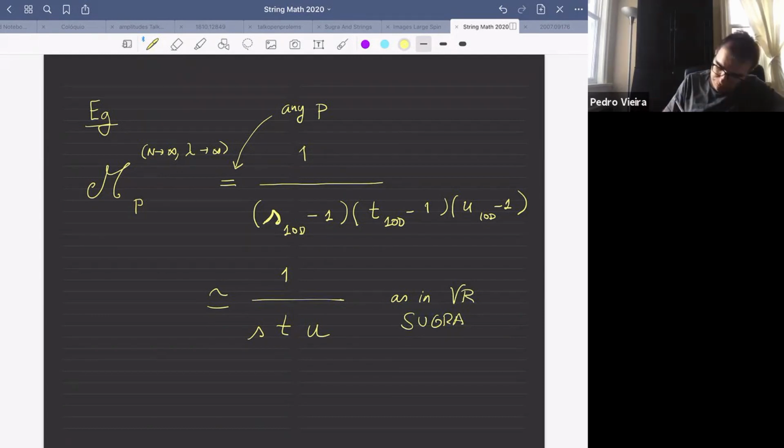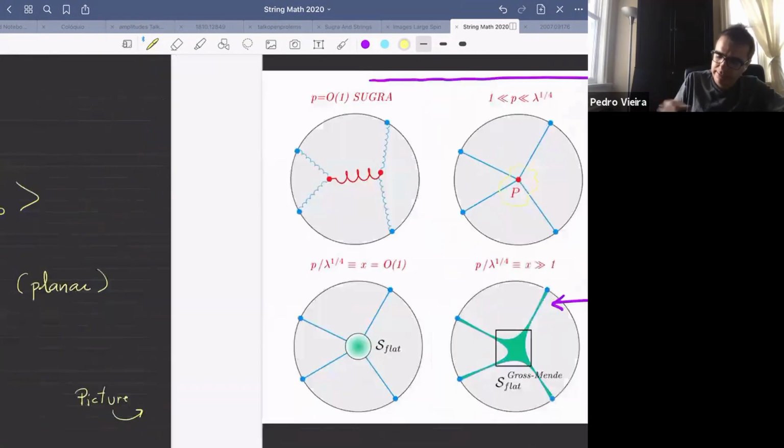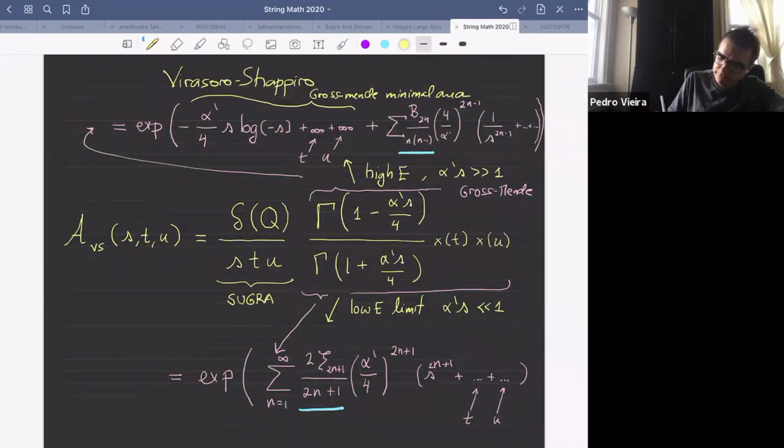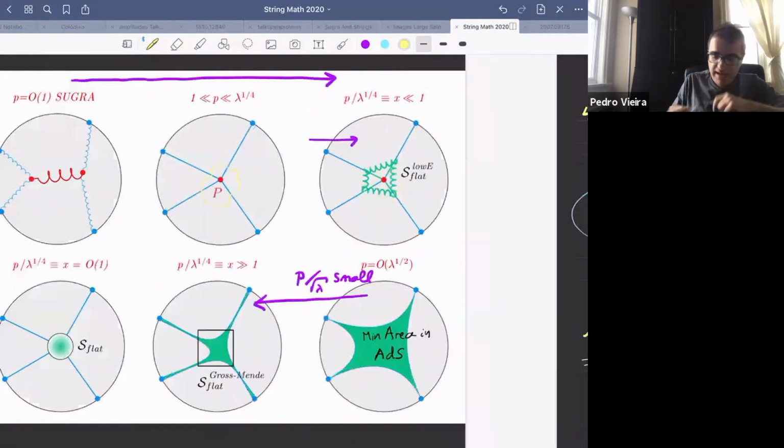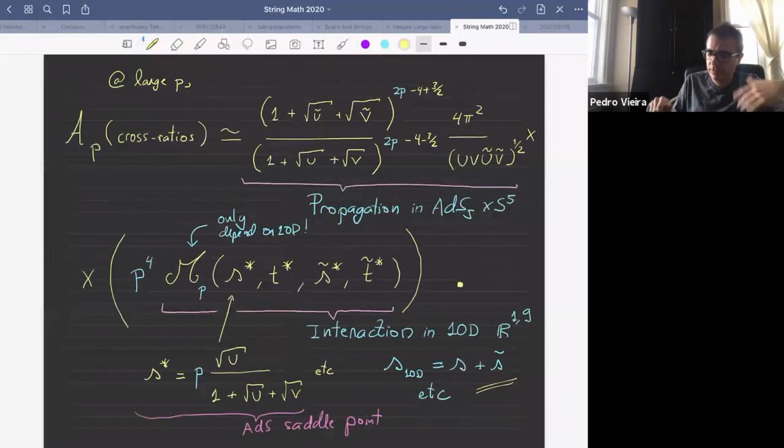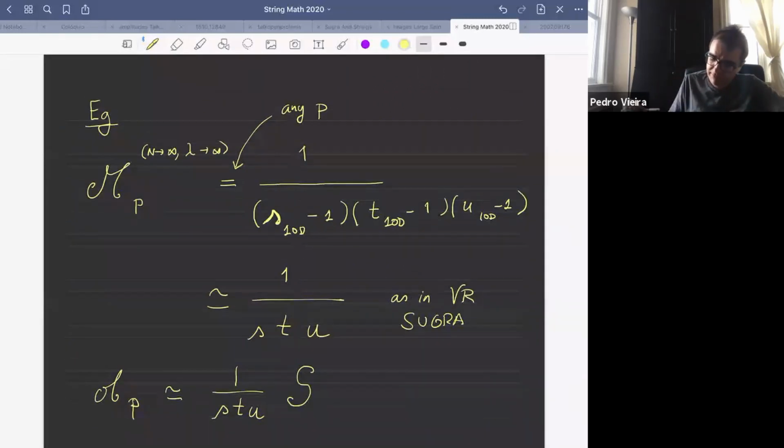And more generally, the proposal is that at large P, M_P will be 1 over this 10-dimensional S, T, and U times the rest. Let's call the rest S. By the rest, I mean this stuff here: all these gamma functions, and also the 1 over N corrections to it, the string corrections.